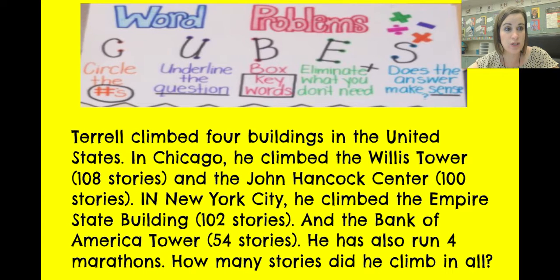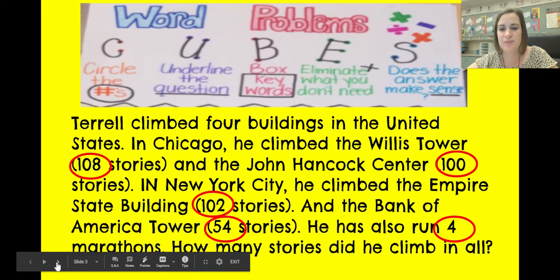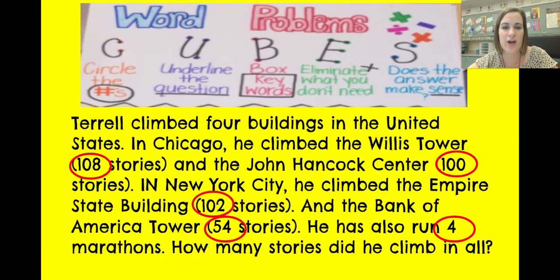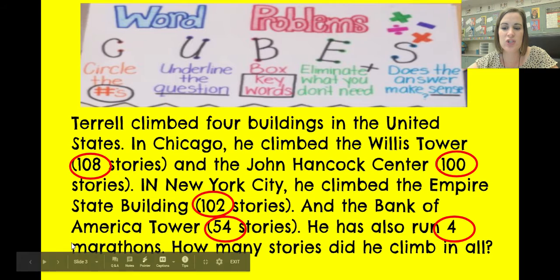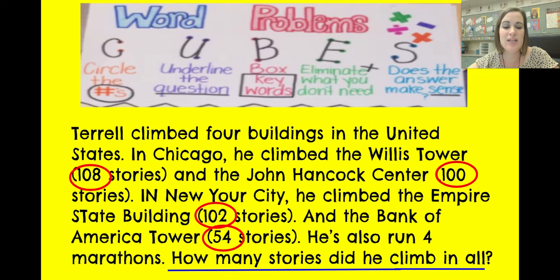So the first thing we're going to do is circle the numbers. I circled all the numbers in red: 100, 108, 102, and 54. Next, I'm going to underline the question. The question was, how many stories did he climb in all?